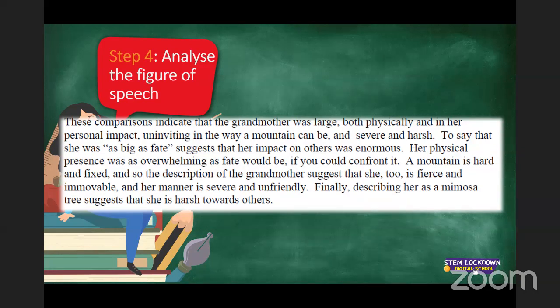Finally, describing her as a mimosa tree suggests that she is harsh towards others. I'm sure some of us can recognize such grandmothers. Those would be the 4 steps on how you would analyze, particularly a simile.